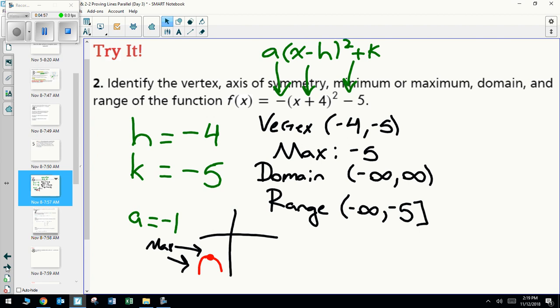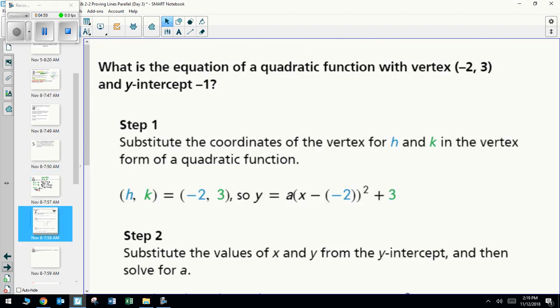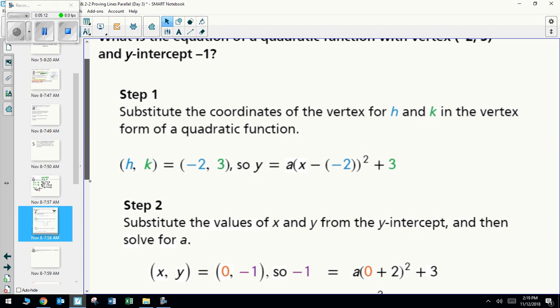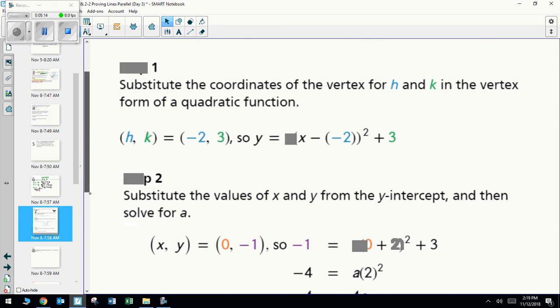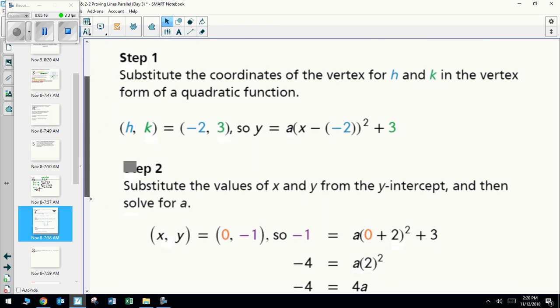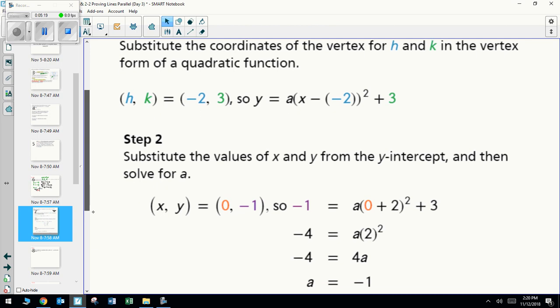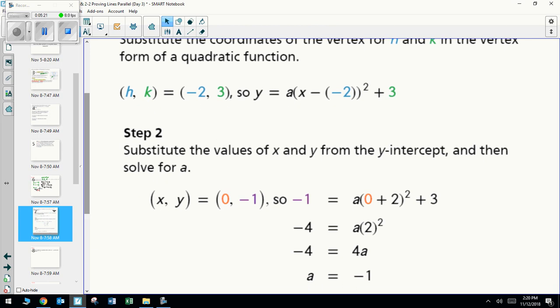Now, you might also be asked to find the equation of a quadratic function. So here, they're going to give you a vertex and a point. So the steps are that we first plug in the h and k value into our function, and then we plug in the x and the y. Now here they told you that you only had a y-intercept, so it seems like they're not giving you an x and a y, but you have to remember that the y-intercept has an x value of 0 because it's on the y-axis.